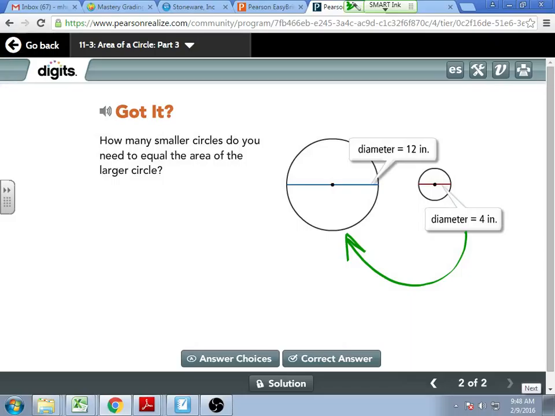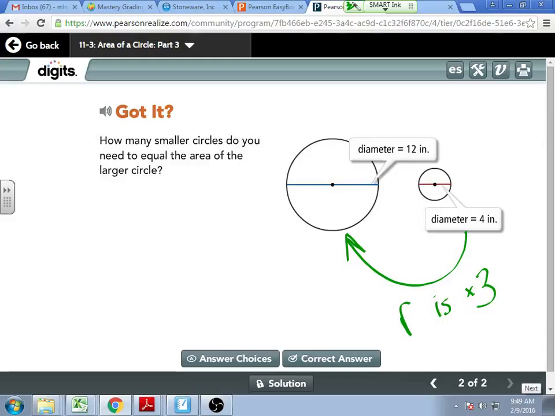We can all probably figure out that what's happening to my diameter is it's getting multiplied by 3. And that also means that the radius is multiplied by 3.